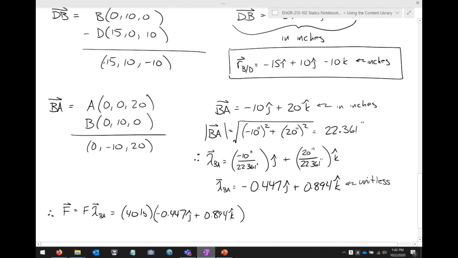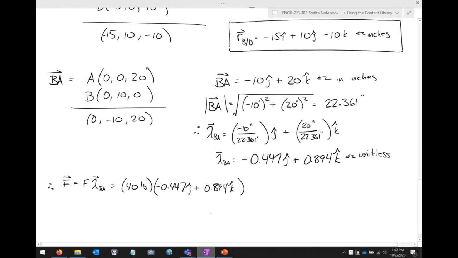When I chug that out, F ends up being minus 17.889j plus 35.777k.